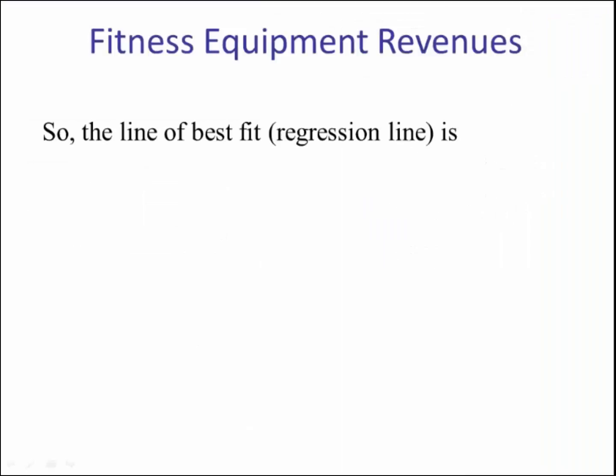So the line of best fit, also called the regression line, is F of T equals 0.229t plus 1.653, rounded off to 3 decimal places. The next question asks, what is the slope and what does it mean in terms of this problem?